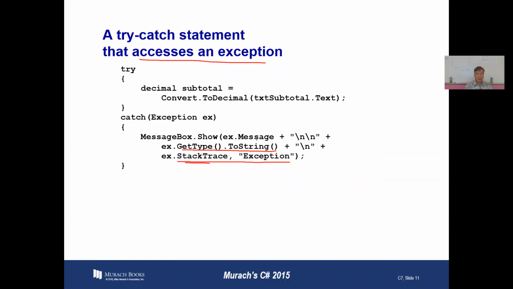The first thing we do is we output the error message, and then we do a couple of line feeds, a blank line, and then we output the type of exception it is. This is the method in this exception object, an exception object called EX. So EX.message is the message, EX.getType is the type, and then you do a toString so you can just display it. And then EX.stackTrace is going to contain the stack trace.